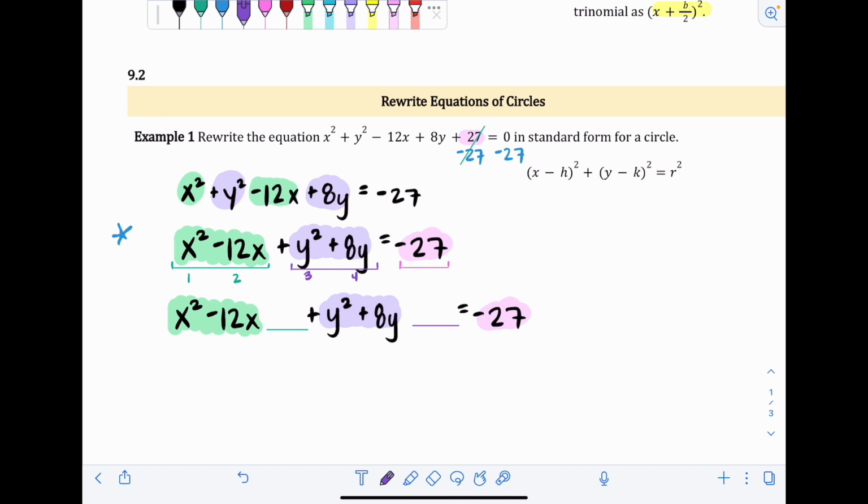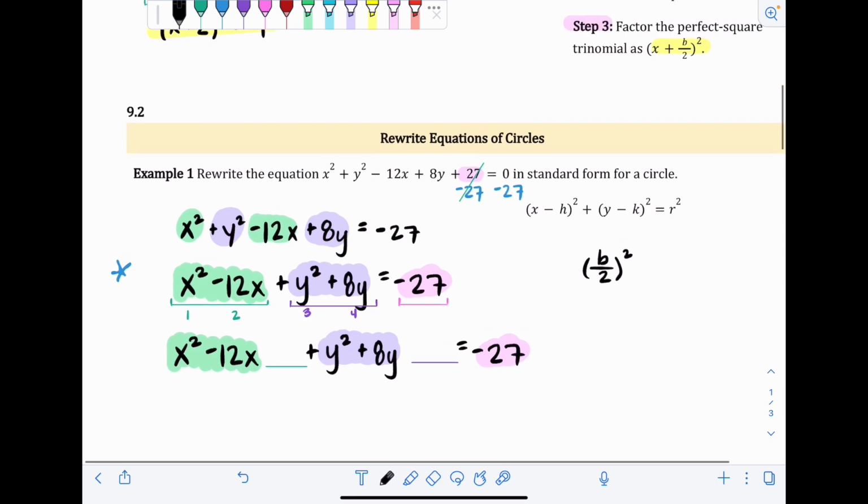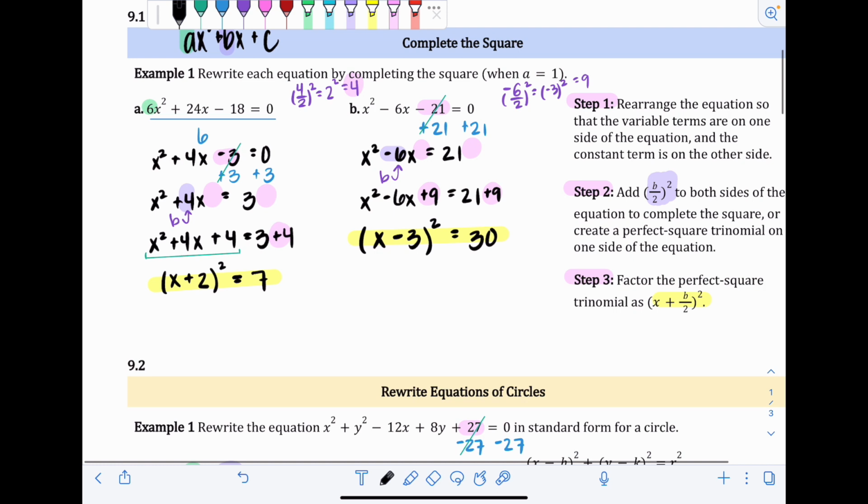So this is going back to step 2 from 9.1, where we had to add b over 2 squared to complete the square. And that's what we want to do here, because we want to create a perfect square trinomial so we do get that binomial squared when we factor it. So up here, that b from b over 2 squared was the coefficient of x.